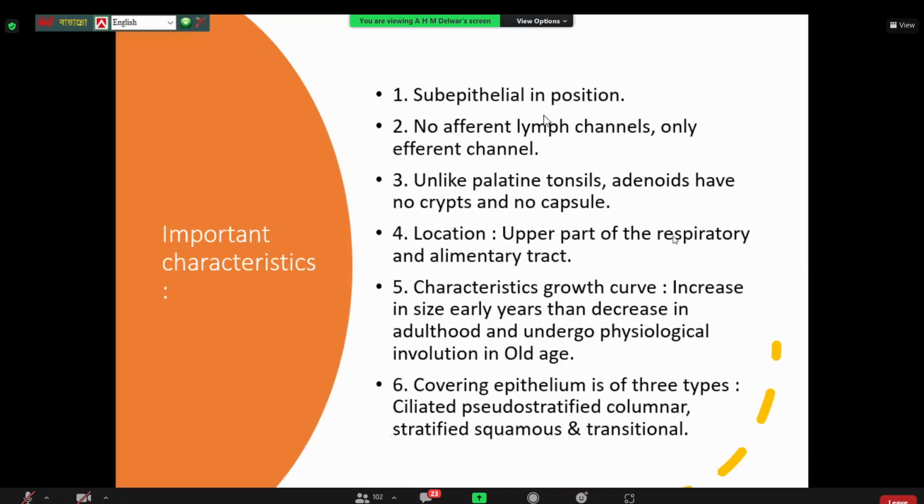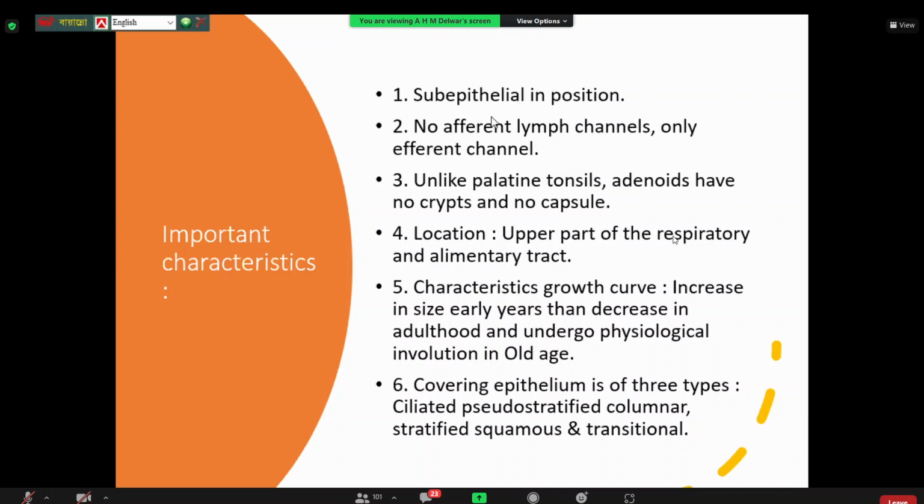Important characteristics. What are the important characteristics? When you are in the viva board, there is a question: what are the important characteristics of adenoids and the difference between other tonsils or lymph nodes? So you can answer easily. This is a subepithelial position. Number one, no afferent lymphatic channels, only efferent.